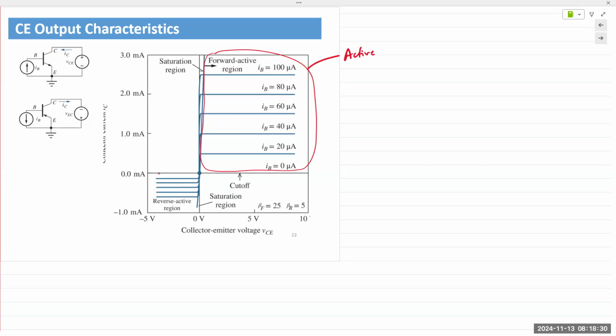Cutoff is right here at the very bottom, where the current is almost zero, very minimal. The saturation region is right here to the left. And reverse active is when you have no current flow, no voltage drop, nothing works in the transistor.